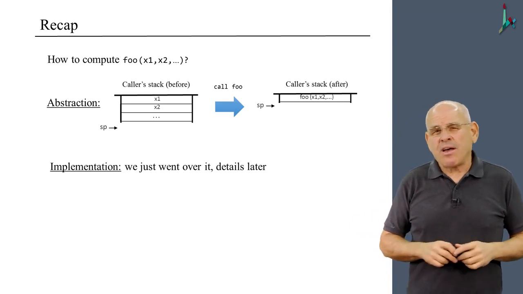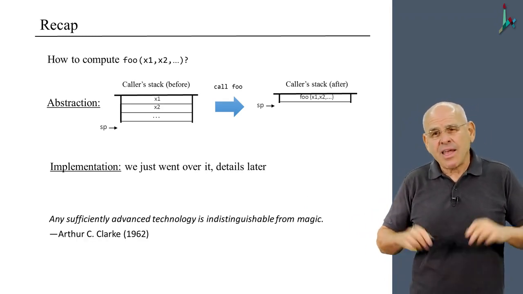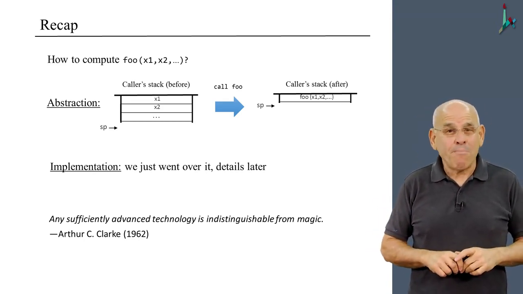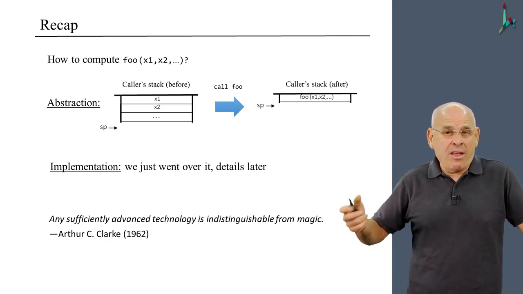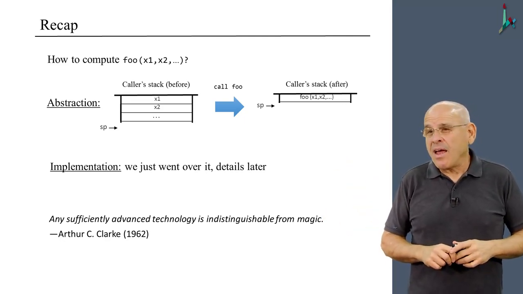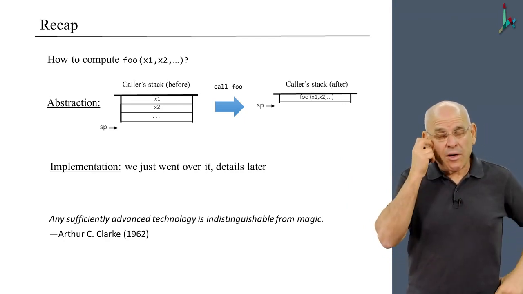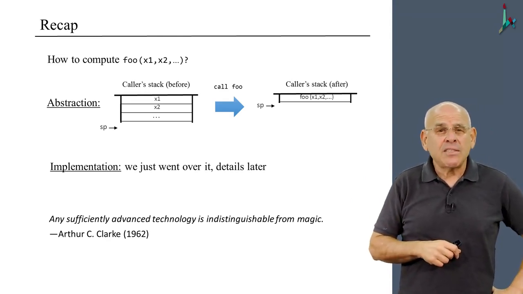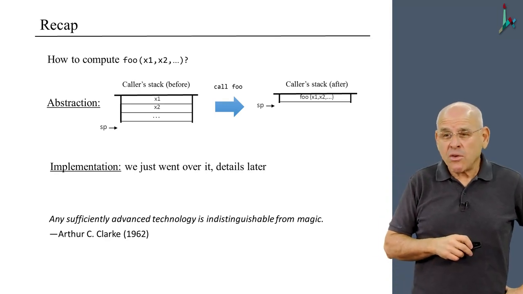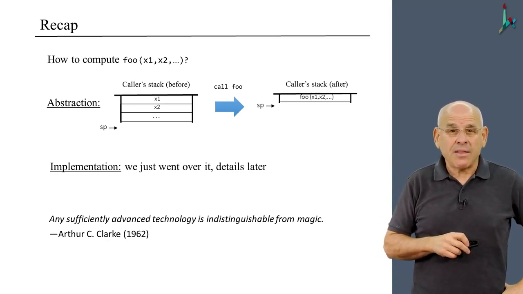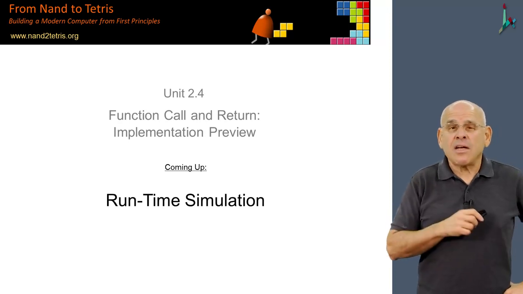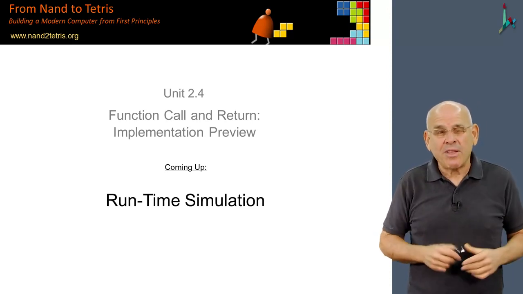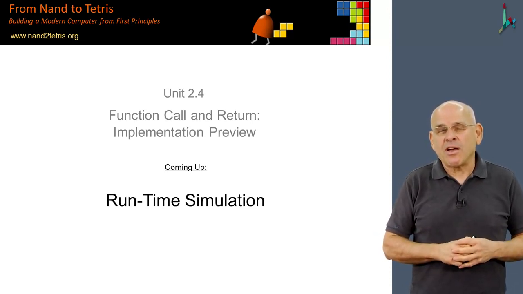And this reminds me of this saying by Arthur C. Clarke, that any sufficiently advanced technology is indistinguishable from magic, because from the abstract standpoint, we had a magic, and you know how much work we had to put in to make it happen. So we can also say that any sufficiently advanced magic is also indistinguishable from a lot of work behind the scene. And in the next 2 units, we will continue to talk about this lot of work which still has to be done in order to implement the function call and return protocol.